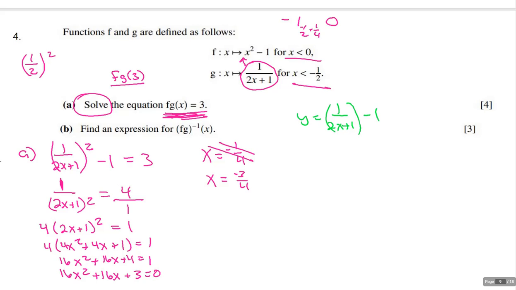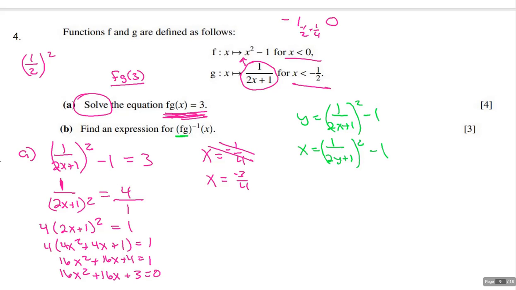Okay, that's f of g, right? So if we're going to do the inverse, oops, forgot my squared. It's going to look something like that, right? All right, so what do you want to do with this?